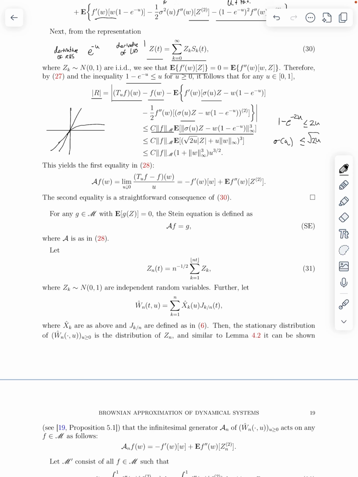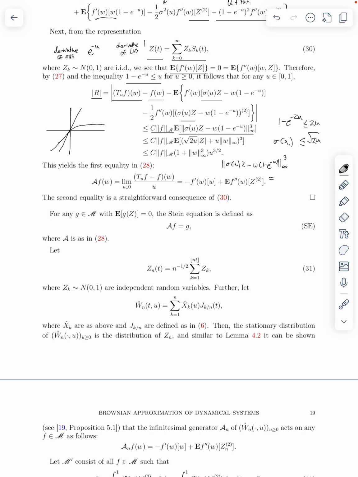The question now becomes, where do the cross terms go here? Oh, yeah, sorry, yes, of course, obviously. So this is sigma of u z minus w, 1 minus e to the negative u, infinity cube.